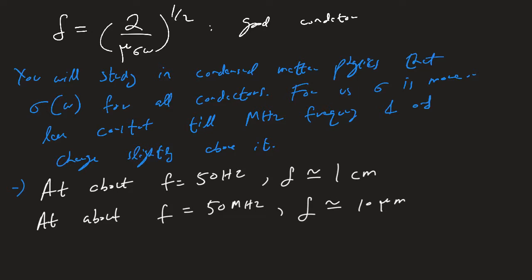Because the smaller the omega, for the same conductivity, the larger the skin depth, right? And at the same time, at about f equal to, let's say, 10 to the power of 15 hertz, which is optical frequencies, skin depth is usually of the order of 10 or 5 nanometers.